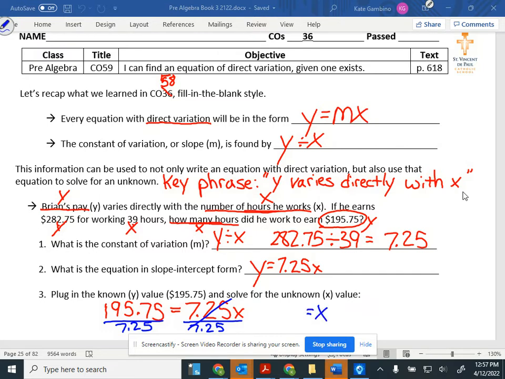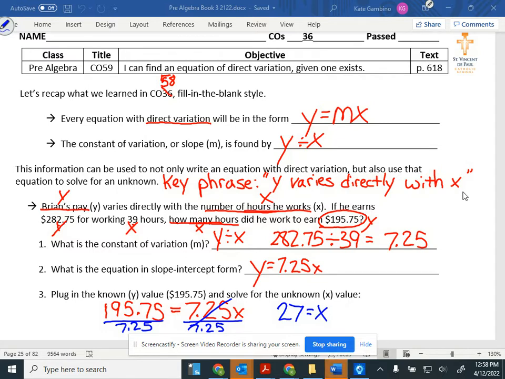What is 195.75 divided by 7.25? Paisley. 27. So, what is that 27? Which is what, Caitlin? Hours he works.